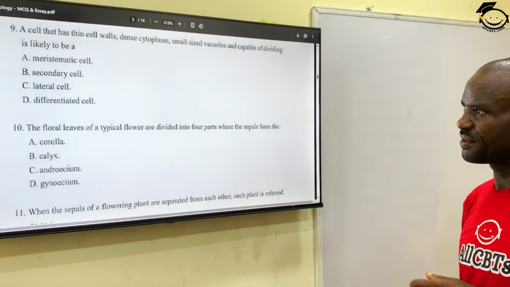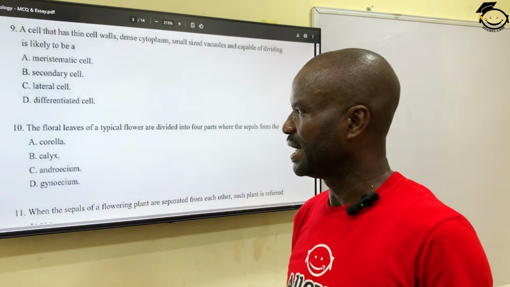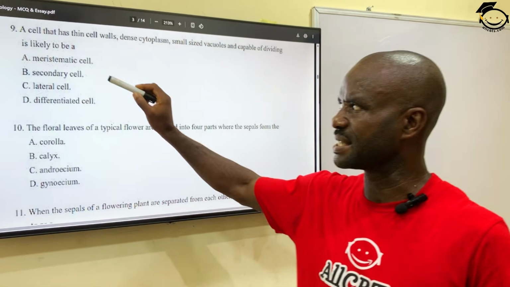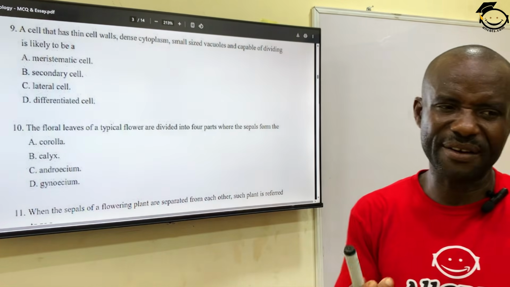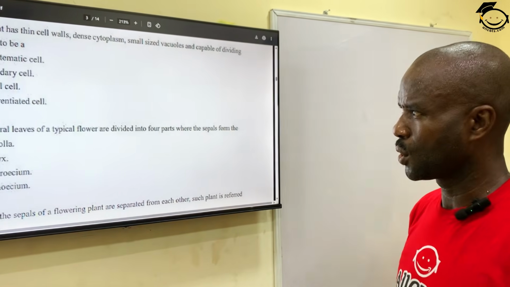B. Secondary cell. C. Lateral cell. And then D. Differentiated cell. We call them meristematic cells. These are cells that are responsible for cell division and which eventually lead to growth.